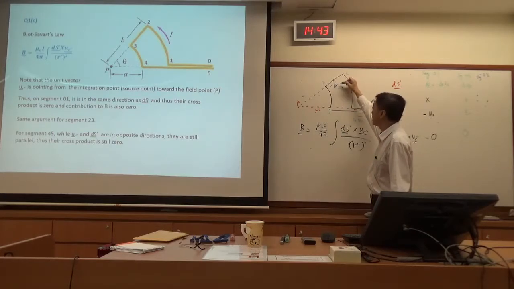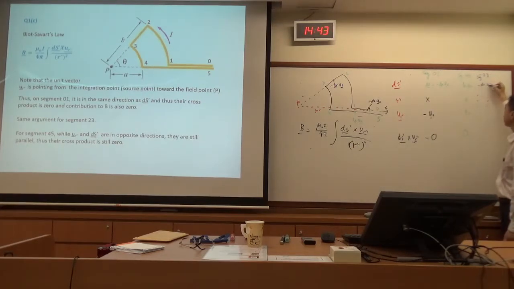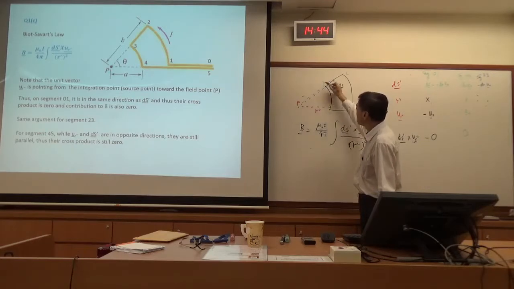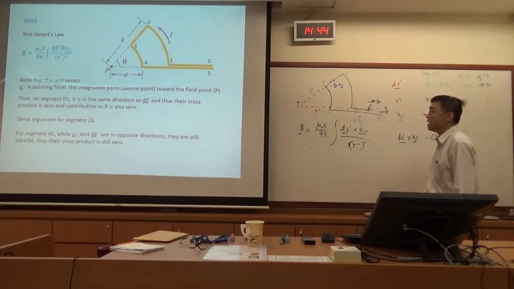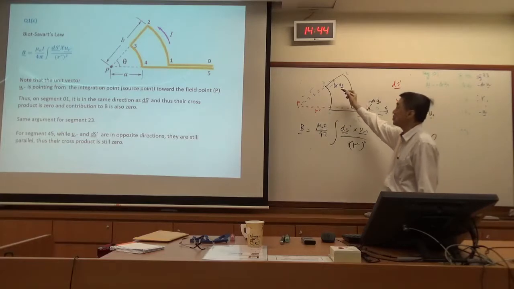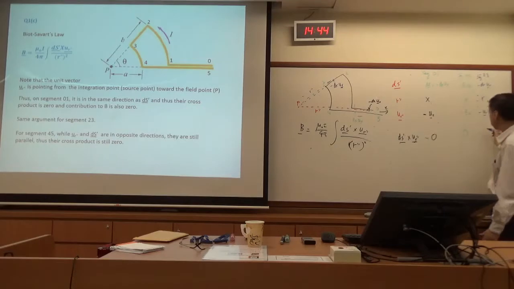So this is minus dr ur. Then from here to here, this is r double prime, so r double prime becomes r. And what is ur double prime? It is minus ur, because this is pointing downward. And the cross product is also 0.